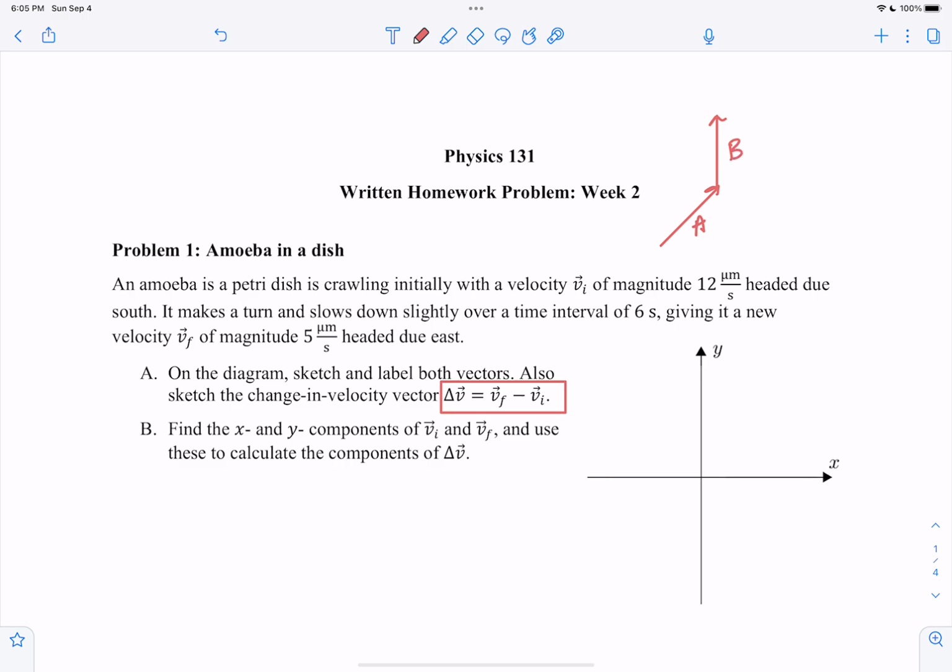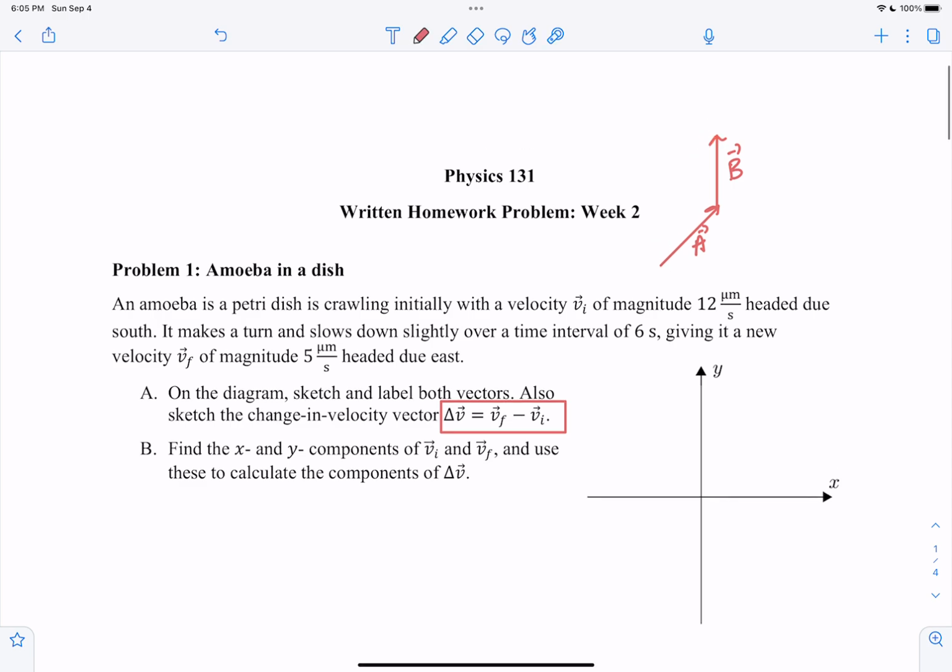Let's say this is vector A, and this is vector B. And that would give me a resultant vector C, which is found from the tail of the initial vector to the tip of the final vector. So then let's do a different color, vector C as my resultant vector. And so C is equal to A plus B.